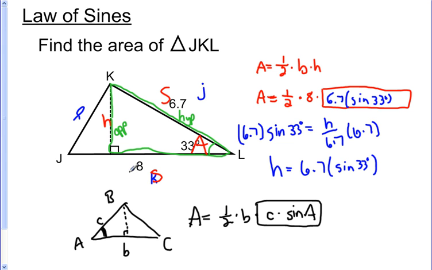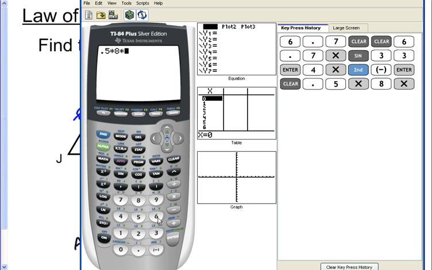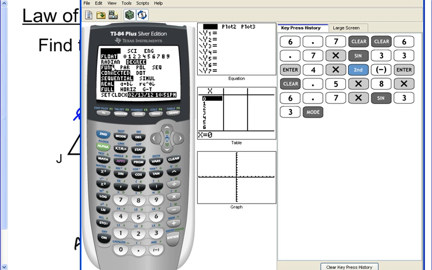Okay, so let's look at the next page. And let's plug this in just to kind of give us a number here. So it's 1/2 times 8 times 6.7 times the sine of 33. So we'll plug that in. I'm going to make sure my calculator's in the right mode. It's in degrees. That's good.